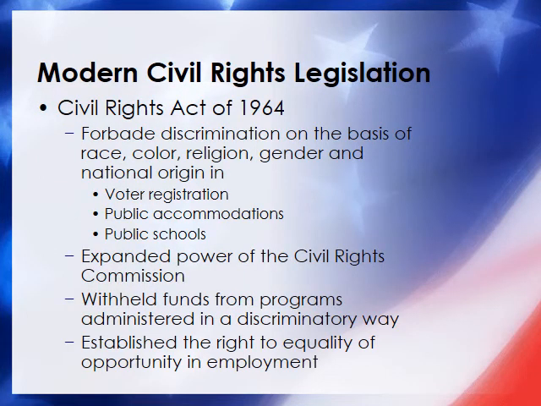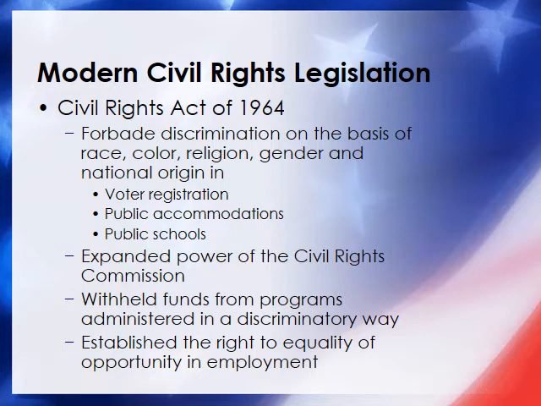As with the civil rights laws after the ratification of the 13th, 14th, and 15th Amendments after the Civil War, you need laws that are going to provide structure to the civil rights amendments in the Constitution. And that's where the Civil Rights Acts of the mid and late 1960s come into play.